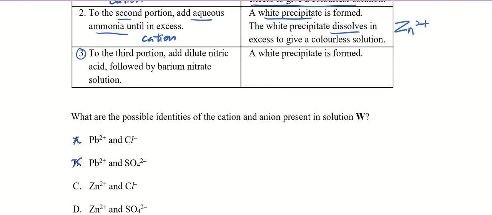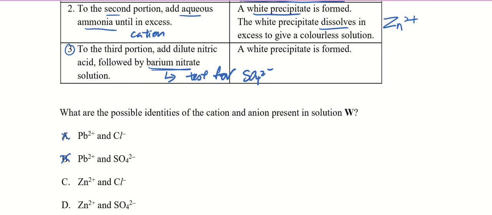Third part, add dilute nitric acid followed by barium nitrate solution. Now when we are adding barium nitrate solution, we are testing for the sulfate ion. How do we know when a sulfate ion is present?